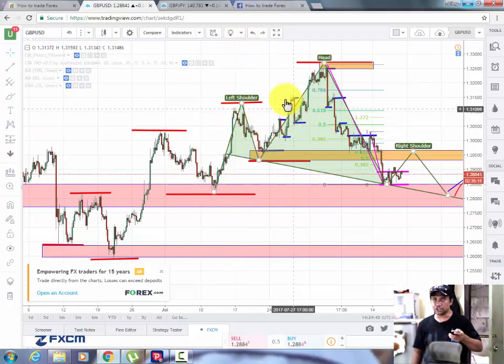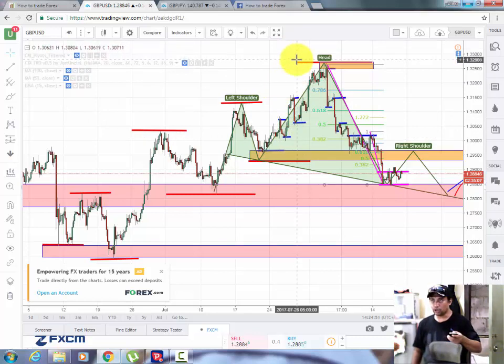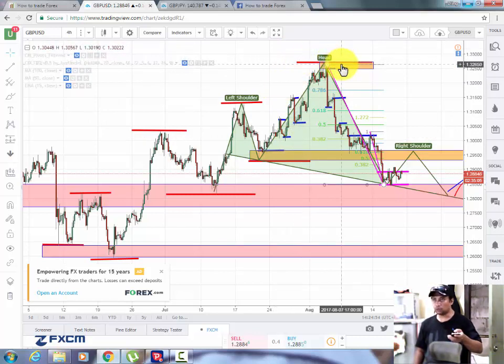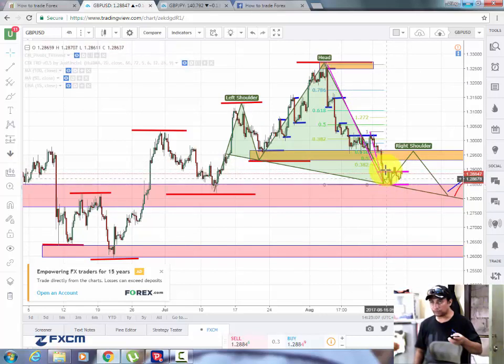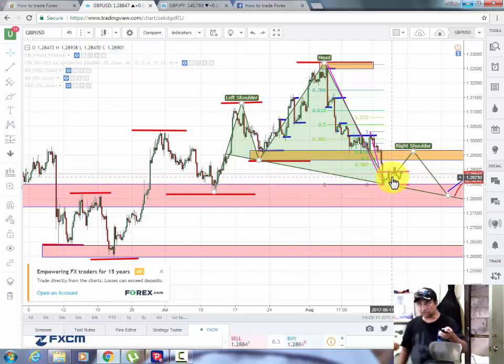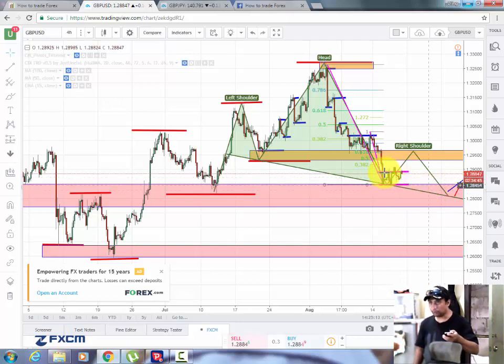Now, the blue one is the structure for 4 hours, and the red one is the structure for 1 day. So we already have the structure high for the 1 day. And now there is a confirmation. The market had a consolidation on this part, and if it breaks that, we will have a new structure low.